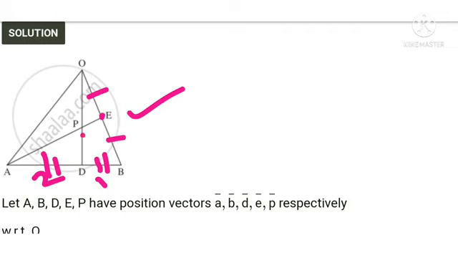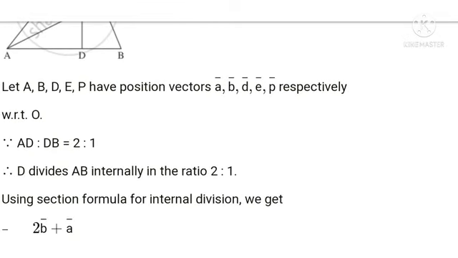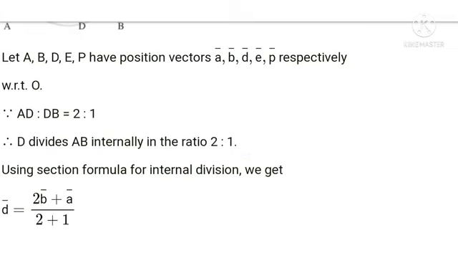Okay. We suppose the position vectors. Then we are given AD is to DB is 2 is to 1. So point D divides AB internally in the ratio 2 is to 1. So we write D bar is equal to (2B bar plus A bar) upon (2 plus 1).